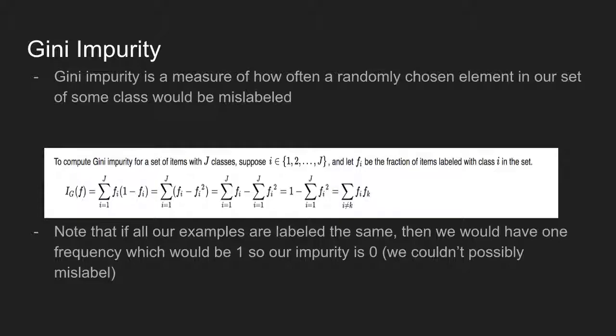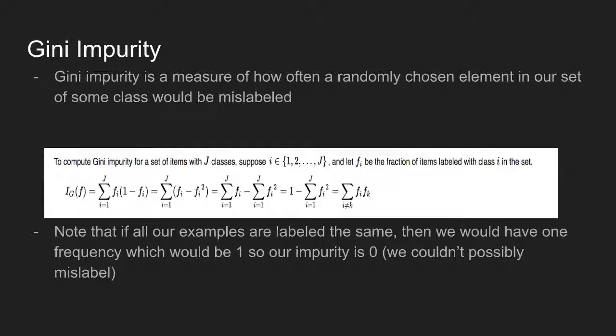If I just chose a random flower, knowing that I have 5 setosas and 8 versicolors, how likely am I to make a misclassification? The way we actually do that is through this formula.